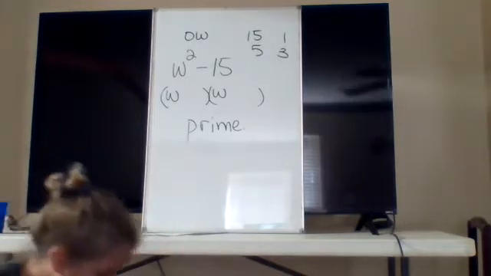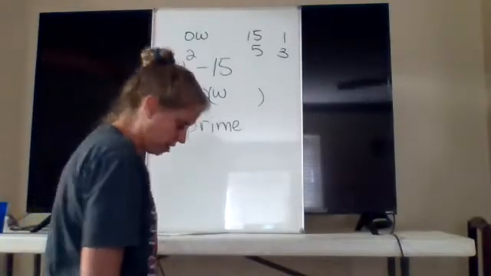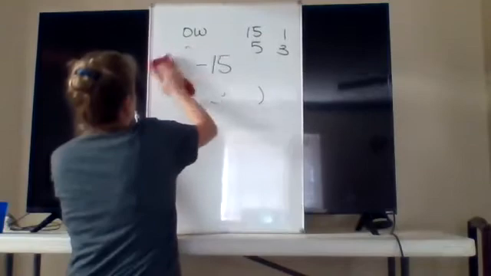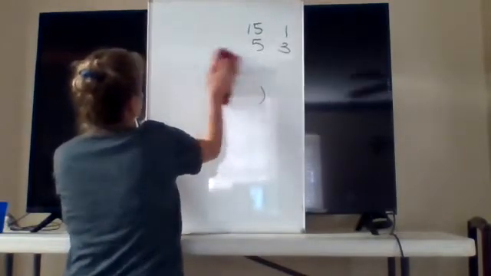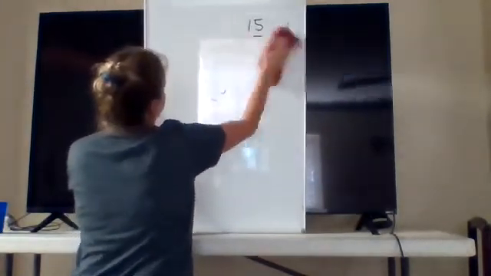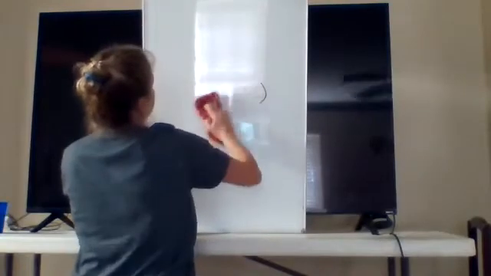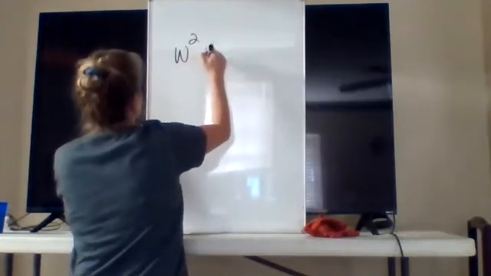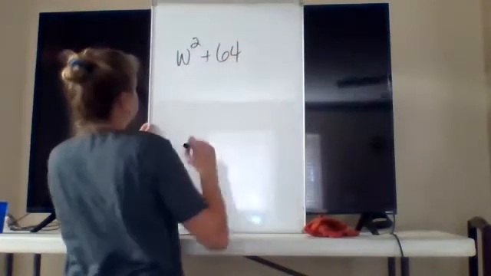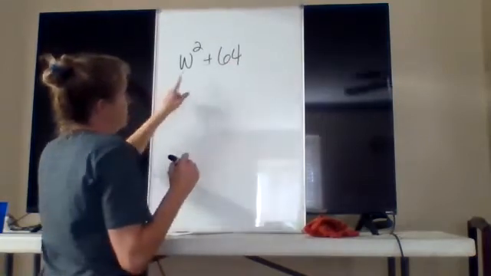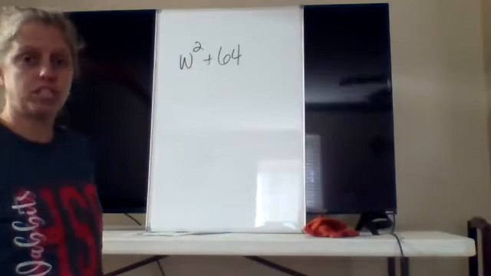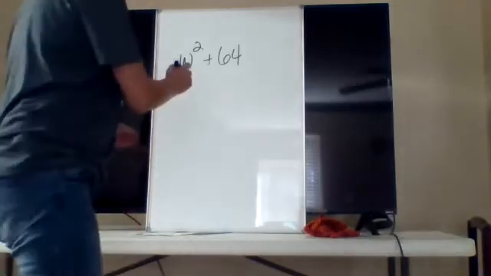Okay, what about number 4? You have w squared plus 64. So again, if I'm going to factor this, I would start off with the w and w for w squared.